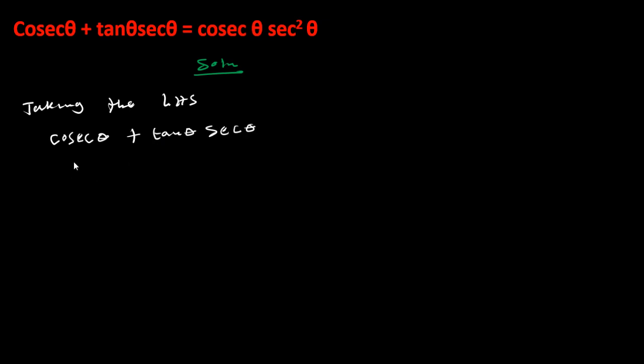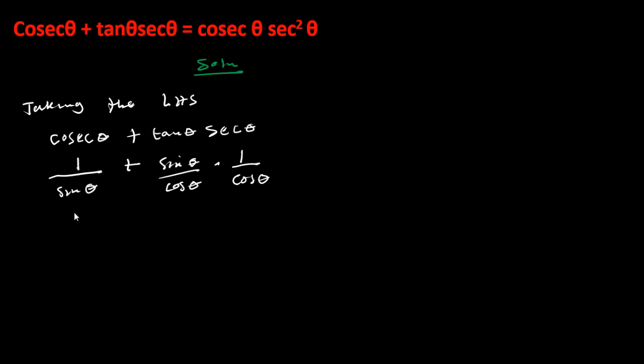In this case, this can simply be changed to 1 over sine theta, because we know that cosec theta is just 1 over sine theta, plus tan theta, which is the same as sine theta over cos theta, and then sec theta is the same as 1 over what? 1 over cos theta.